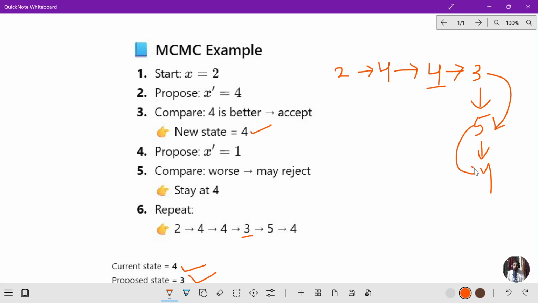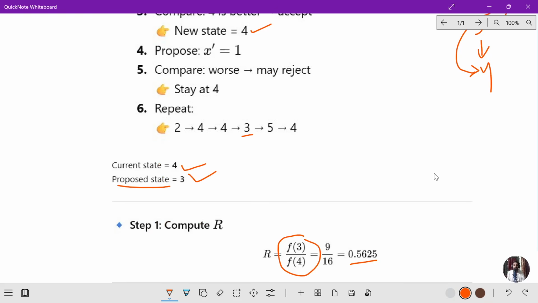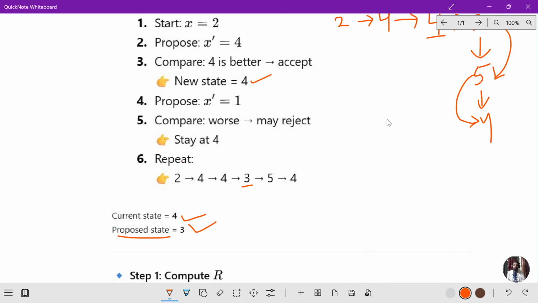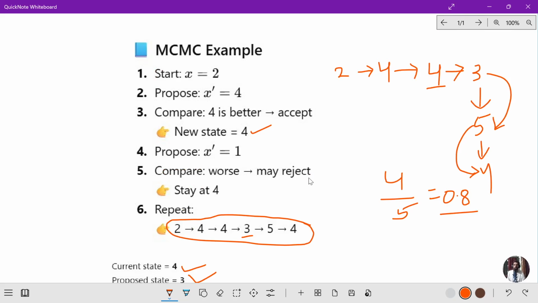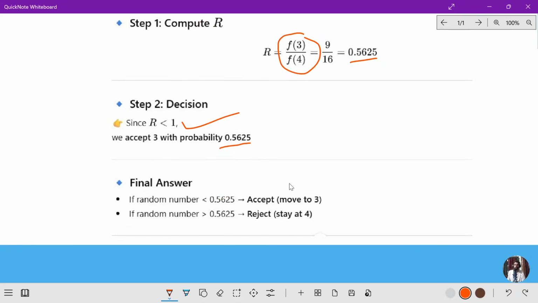But when it comes to 4, what is the next value? When it is 4, we need to divide the proposed by the current. So this is equal to 0.8. Again it is less than 1, so we will accept. So this is the final path. This is a way to calculate the MCMC.